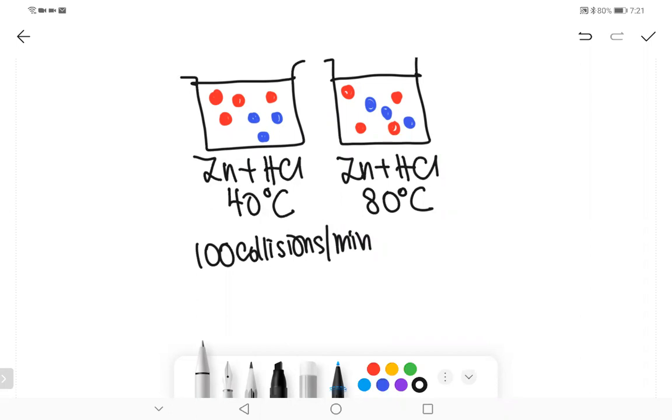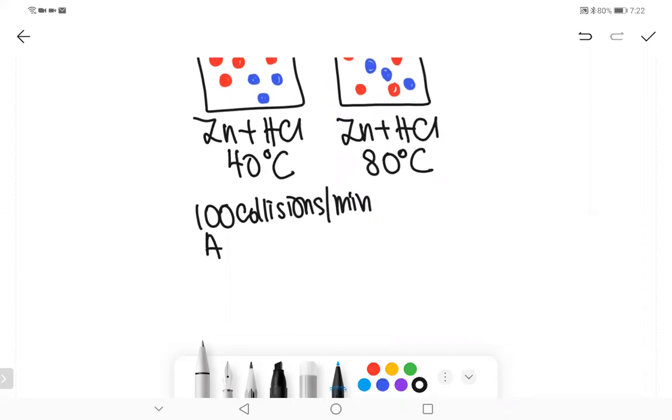Out of these 100 collisions, there is no way all of them will be effective, right? Some of the collisions are ineffective for sure.